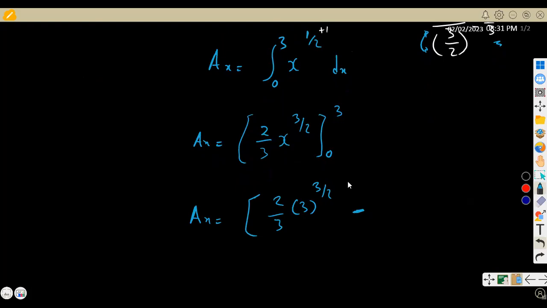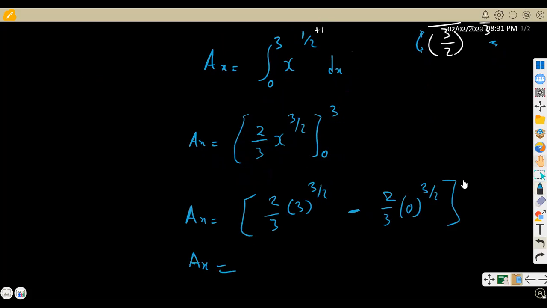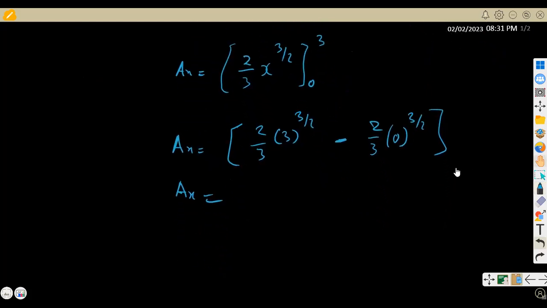Whatever we get, we subtract the lower limit when x is equal to 0. And as you can see, when x is equal to 0 here, there's nothing that we are going to have, but just for calculation sake, you can indicate this part. All right, so this is what you're going to have. From your calculator, we can simplify this.